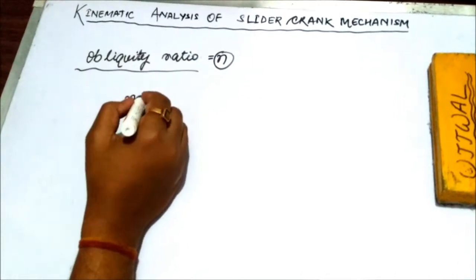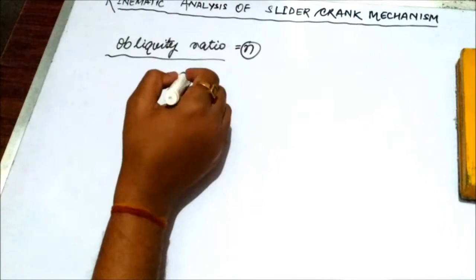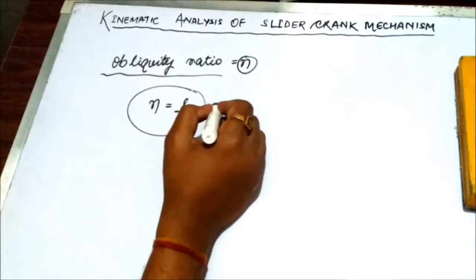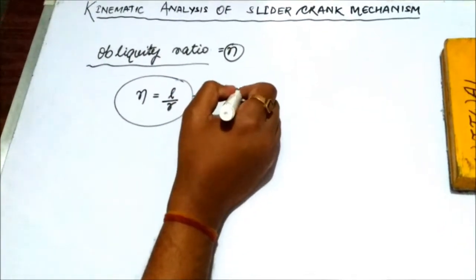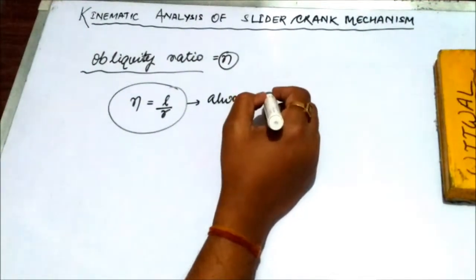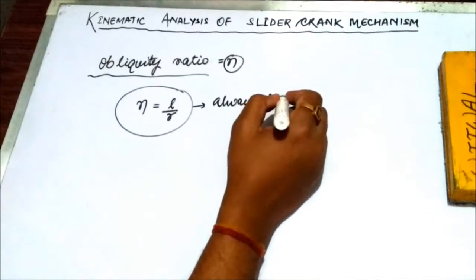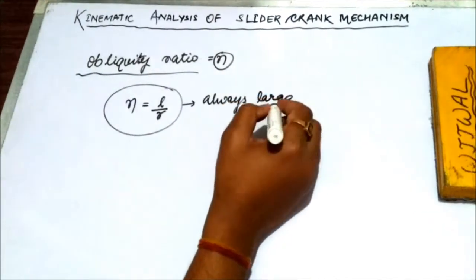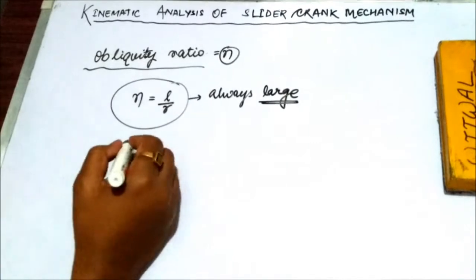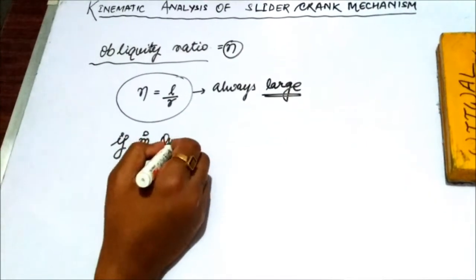This value will always be a larger value. Keep in mind, n is equal to L by R. The obliquity ratio is always greater than 1.